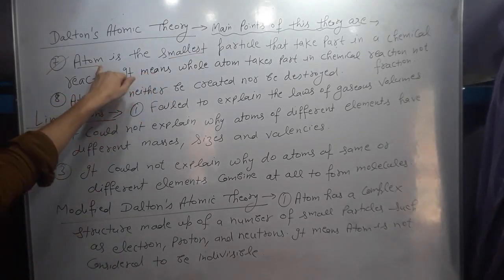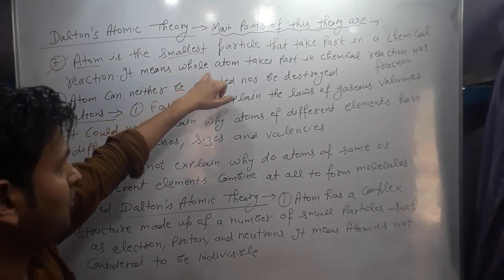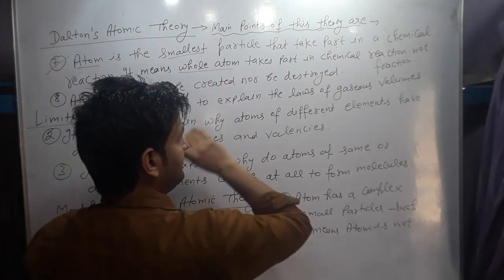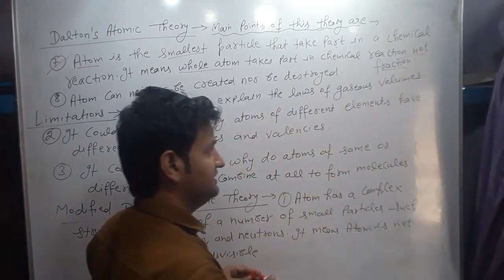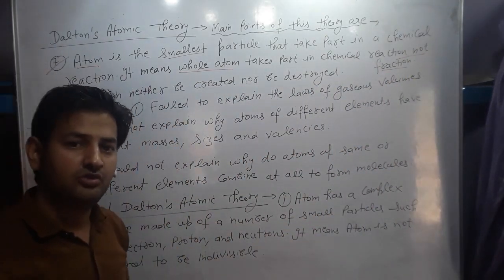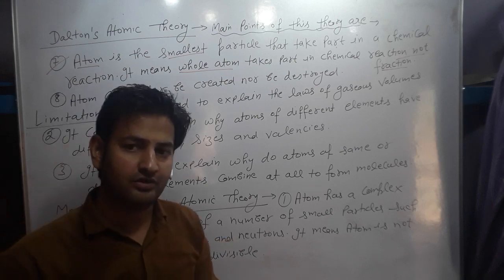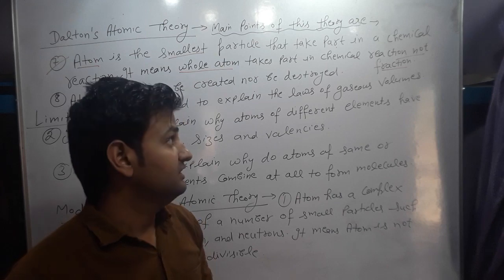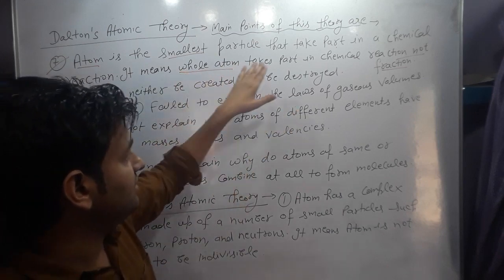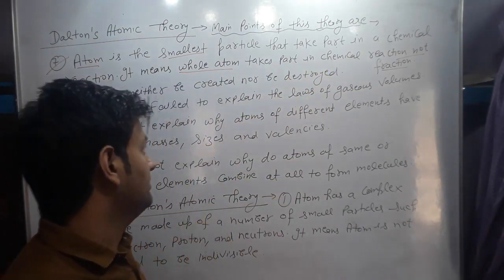It means the whole atom, the complete atom, takes part in the chemical reaction, not fractions. For example, H2O: 2 atoms of hydrogen take part completely in the reaction along with 1 atom of oxygen. So they combine to form the compound atom, which is called a molecule.